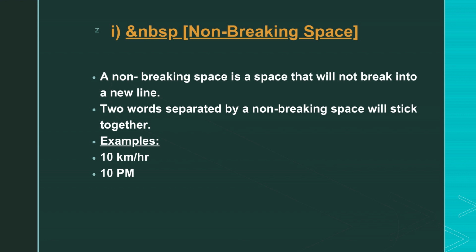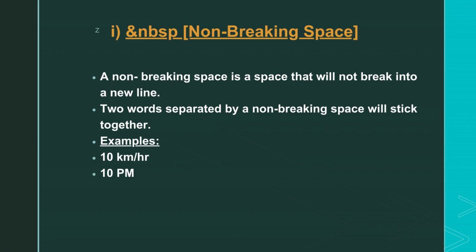If you write 10 spaces in your text, the browser will remove 9 of them. To add real spaces to your text, you can use the ampersand nbsp character entity.